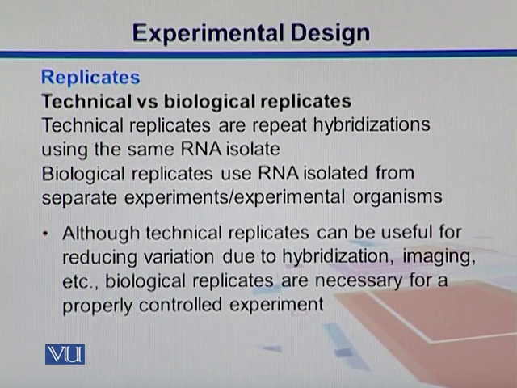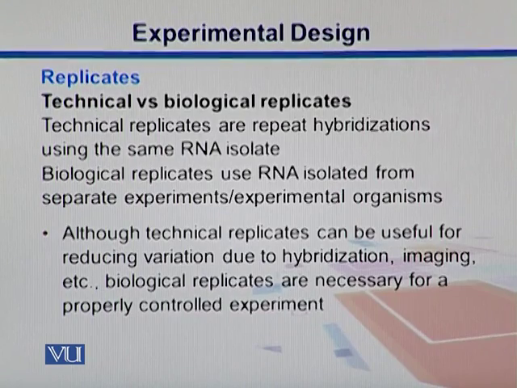Technical replicates can be useful for reducing variation due to hybridization or imaging. So here we can reduce the variability in our experimental procedures, but biological replicates are necessary for a properly controlled experiment.